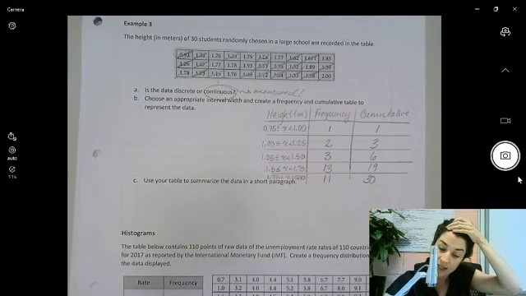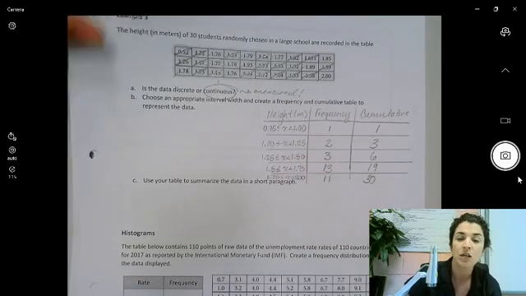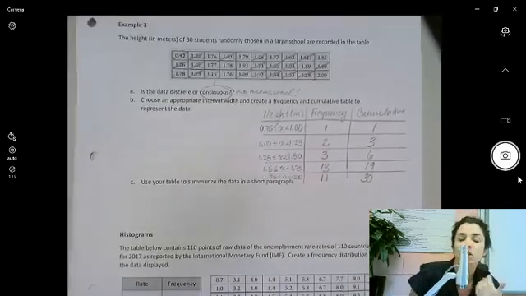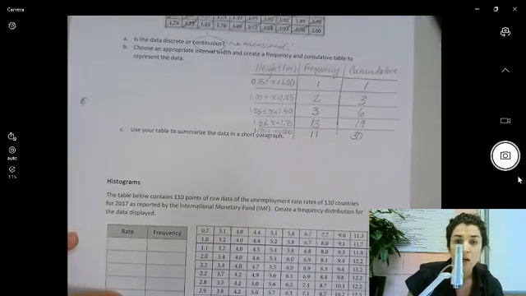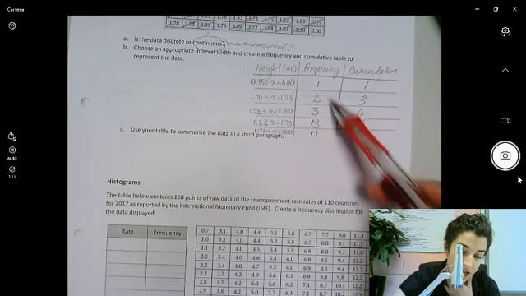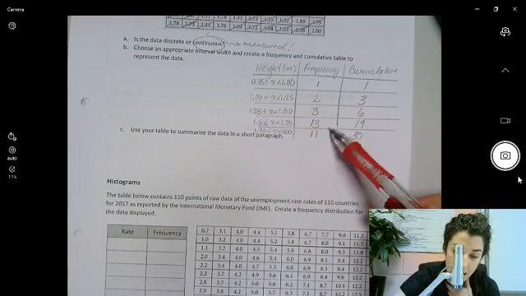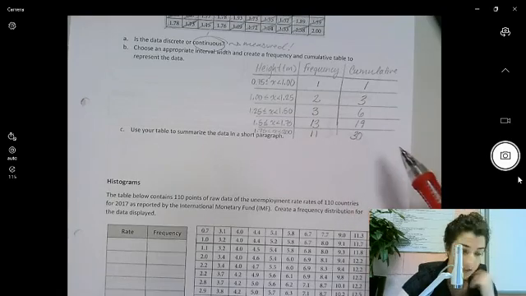We're going to use our table to summarize the data in a short paragraph. By that, I mean a sentence. So we're going to look at this and see, okay, what can we determine, what can we conclude with this information that we've got? Well, we've got not a whole lot of students represented in these height ranges, and I would say that the bulk of our information is happening right here, between 13 and 11.